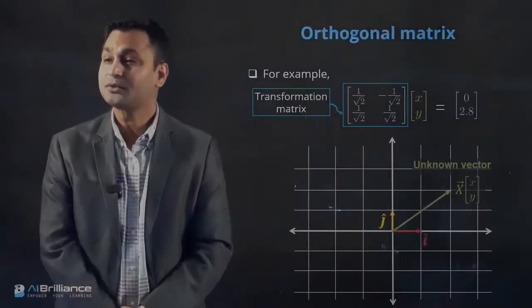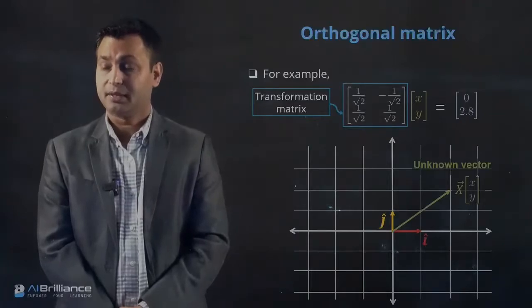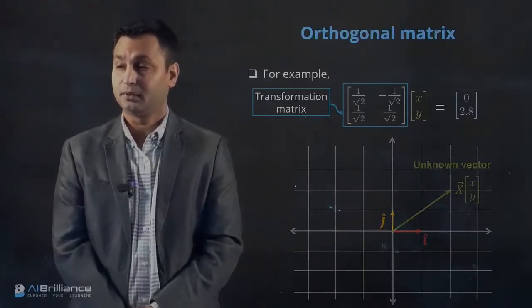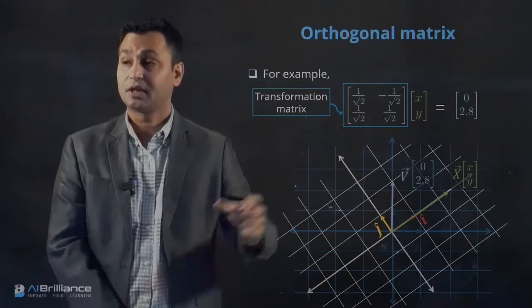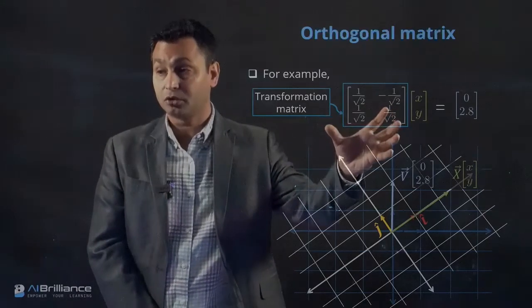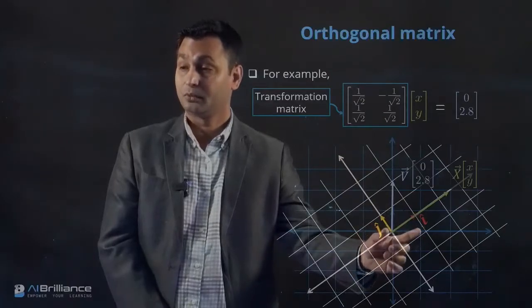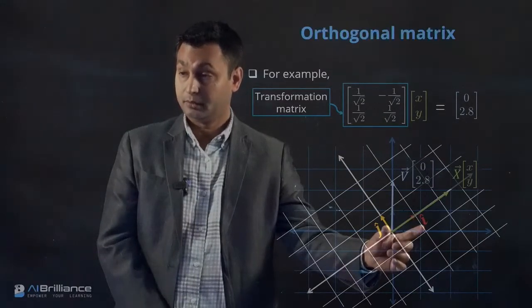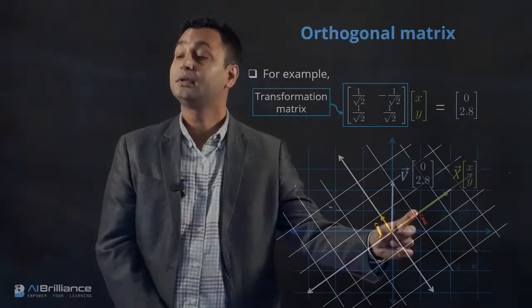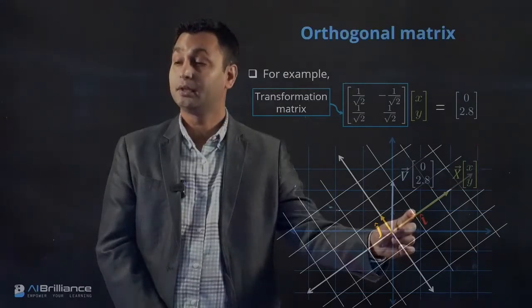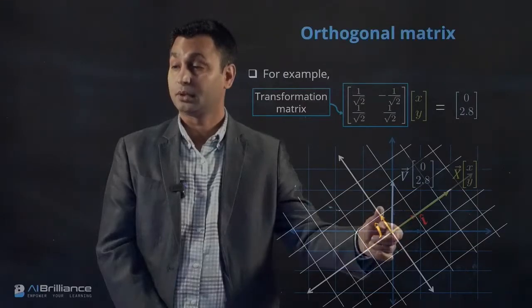Okay, so again, let's use this idea, and let's say we have an unknown vector. What we are doing when we are multiplying by this transformation matrix, which is orthonormal, is that when the unit vectors are getting transformed, you can see that there is no scaling, extending, or stretching of the unit vectors in the transformed dimension.